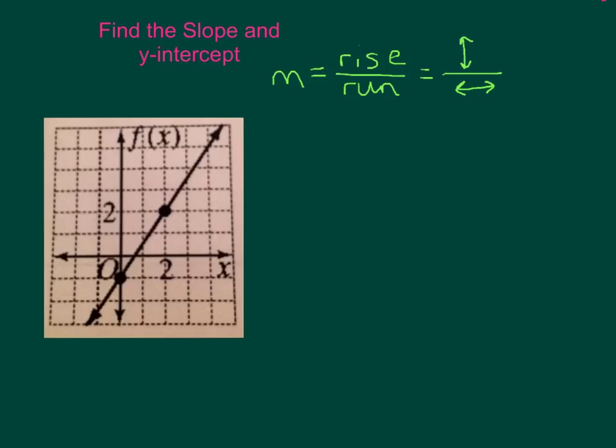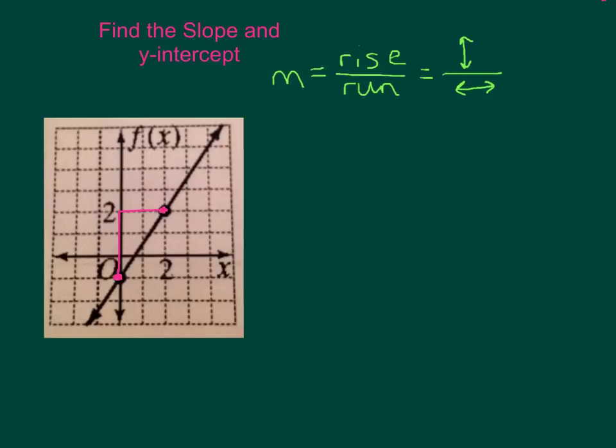Okay, same thing in this next example, finding the slope. So if you look at the 2 points that they gave you, start at the left point, and we want to move to the right point, but we want to move vertically and horizontally. And as you can see from left to right, it's going uphill, so our slope is positive. So from the left point, we have to go up and over to the right.